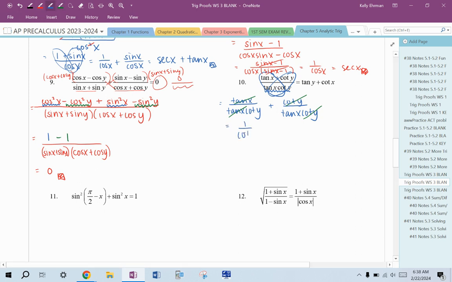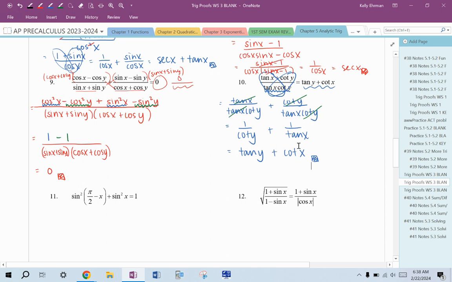So you're left with 1 over cotangent y plus 1 over tangent x. Always do little quick checks on what the right side's supposed to be. I still don't want to switch to sine and cosines. I want to use reciprocal identities, which I rarely use with tangent and cotangent, but in this case it makes sense because 1 over cotangent y is tangent y, and 1 over tangent x is cotangent x.